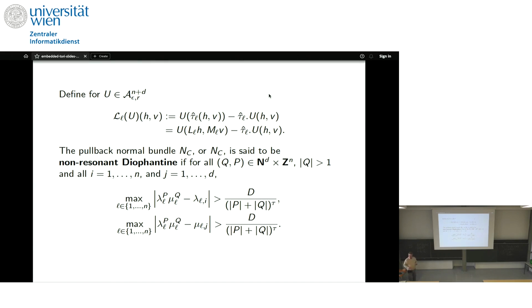And the Diophantine condition we defined says that these numbers don't accumulate at zero too fast when p plus q goes to infinity. Okay? There exists, so sorry, that's a good question, I should have said, there exists a d and there exists a tau such that for all q, p, you have this kind of inequality. Okay?